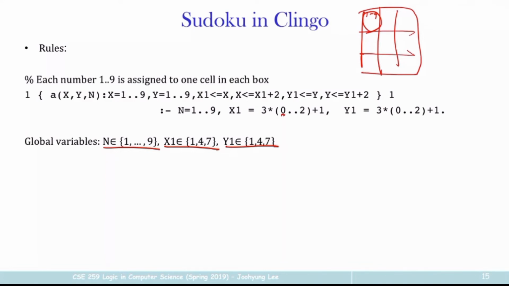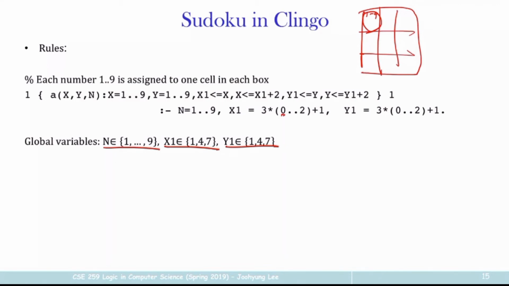When x is 4 and y is 1, it represents the second box on the right. And so on and so forth. We'll go over that more carefully, but roughly the idea is you have one number from 1 to 9, let's say 5, and then you have one box, let's say the top left box. Then you have to find one position in that box. That's what the rule is saying.